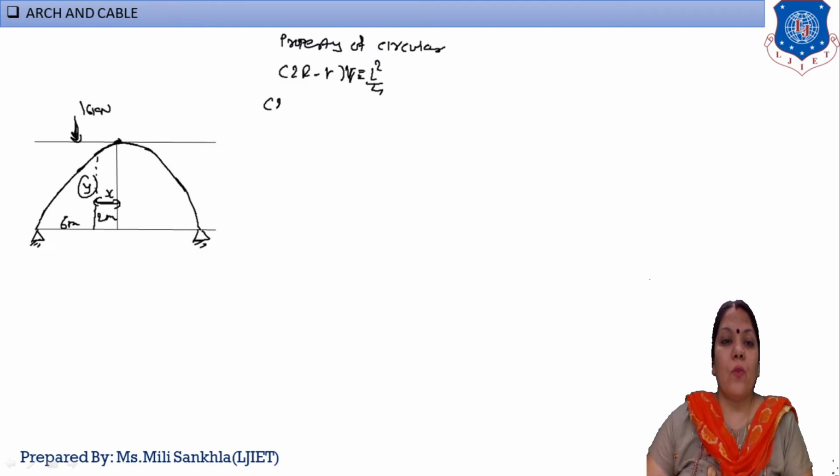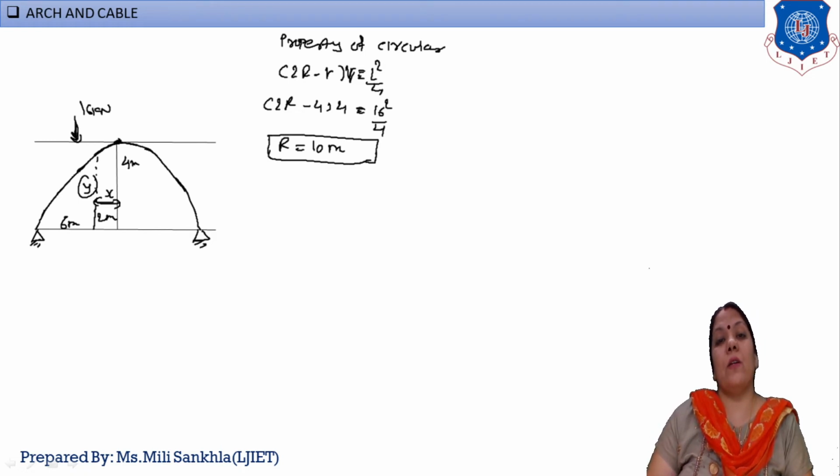Now r is unknown here, so mention central rise is equal to 4 meter. So write down 4 is equal to 16 square by 4 into r, and my r is equal to 10 meter. Okay, here we find out radius of this circular arch is equal to 10 meter.